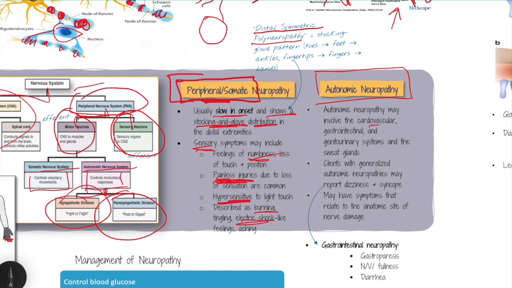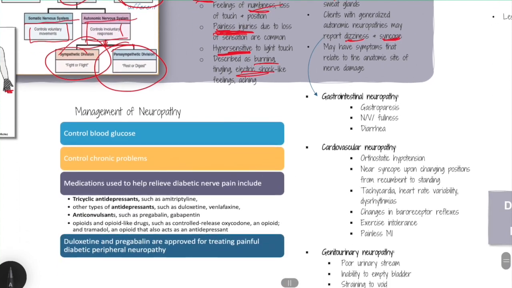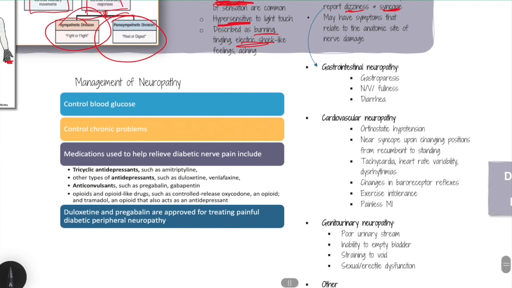You will have cardiovascular, GI, genitourinary responses and symptoms. Sometimes you'll have a generalized autonomic neuropathy, so you're just dizzy and you have syncope, but oftentimes you have symptoms related to the actual site of the nerve damage, and most often it's in one of these three areas, but it can be anywhere.